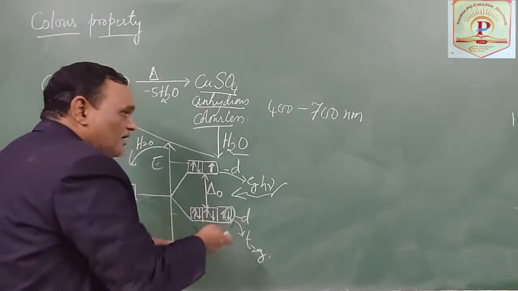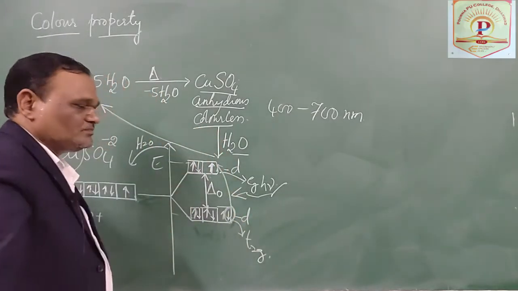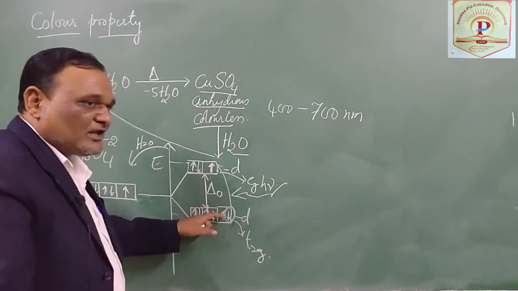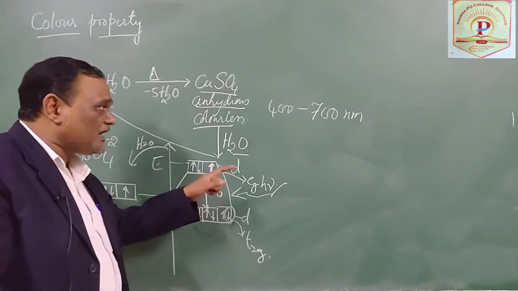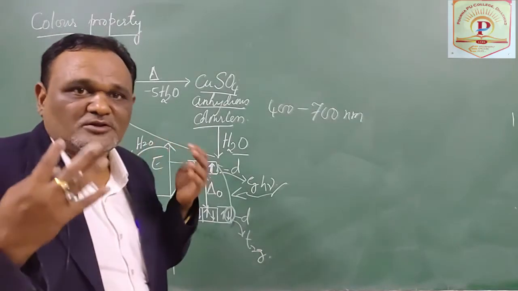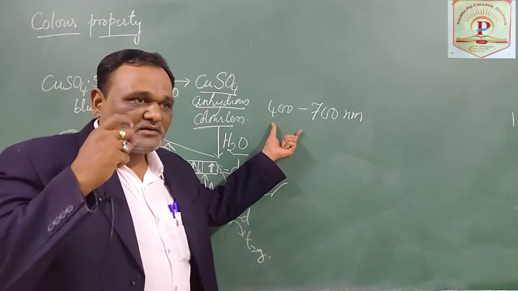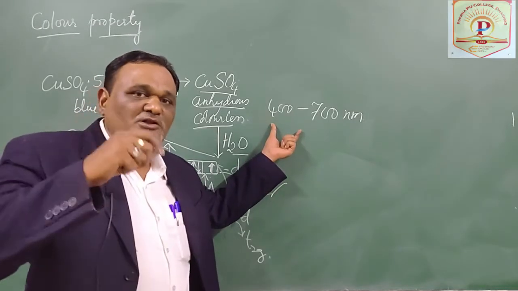When it absorbs the energy, it goes to the higher energy orbital. Because of the absorption of radiation in the visible region, we can view the light, that is the color, only when it falls in the visible region.